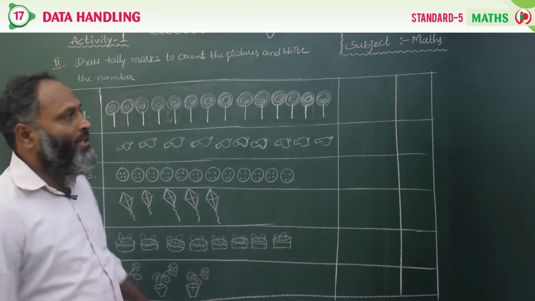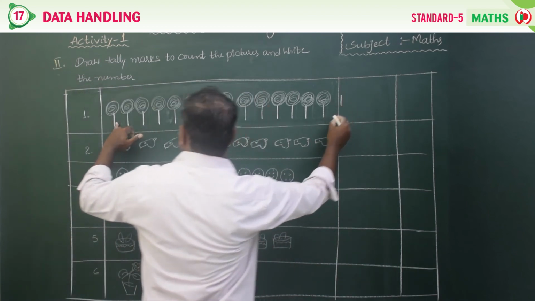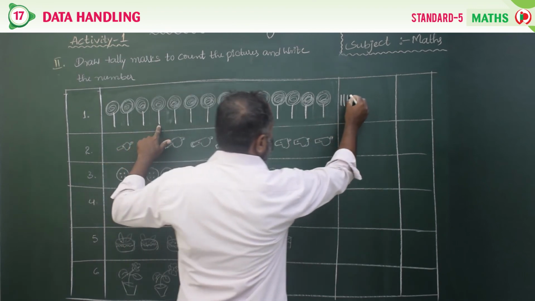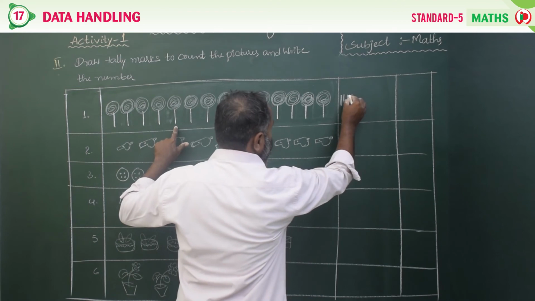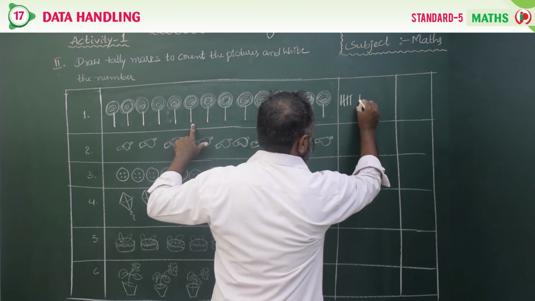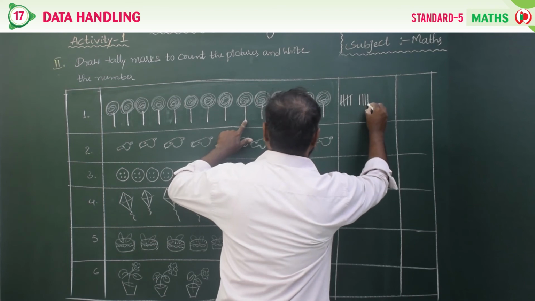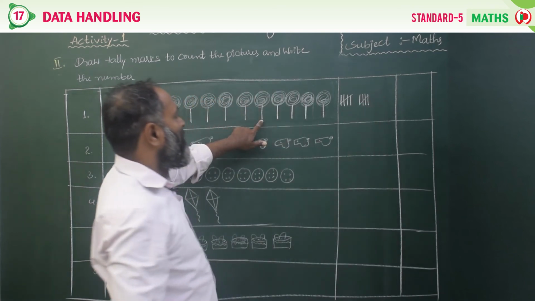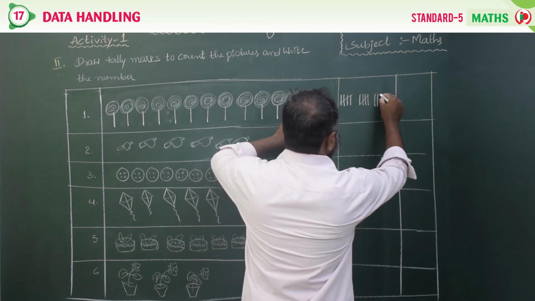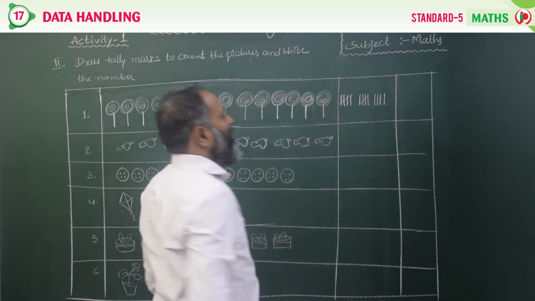See here, how many lollipops? First 1, so you take one slant line, 1, 2, 3, 4, 5. 5 means the slanting line. Then 6, next group, 7, 8, 9, 10, 2 groups. Then 11, 12, 13, 14. In this way we should take tally marks.